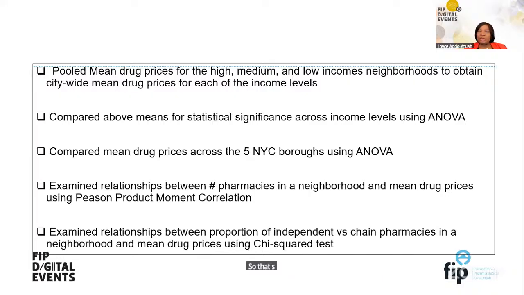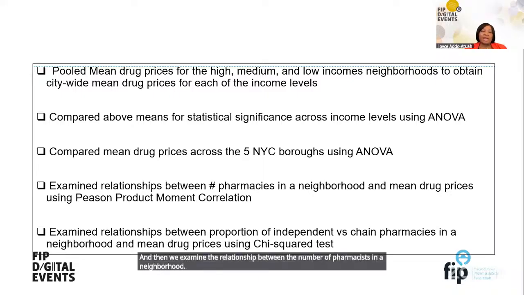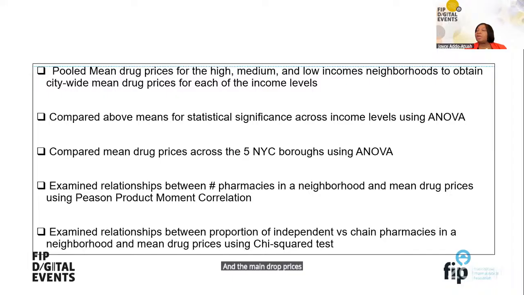So that's why we didn't use a t-test, but used ANOVA. And then we compare the mean drug prices across the 5 New York City boroughs, also using ANOVA. And then we examine the relationship between the number of pharmacies in the neighborhood and the mean drug prices using the Pearson product moment correlation. So whether there was any correlation between these.